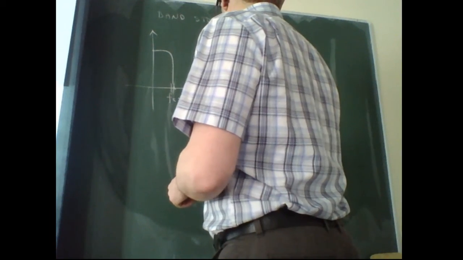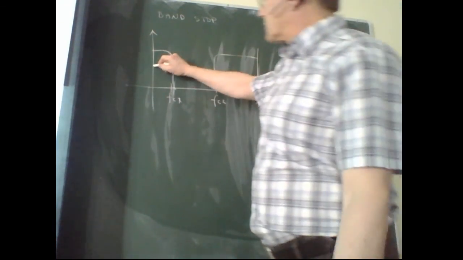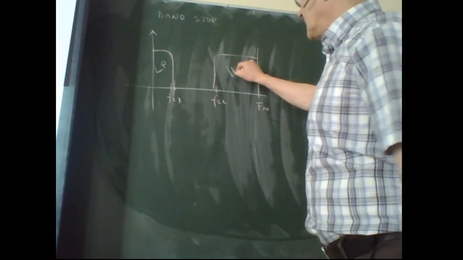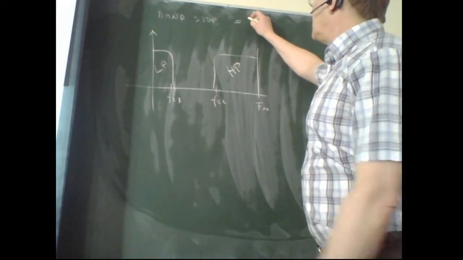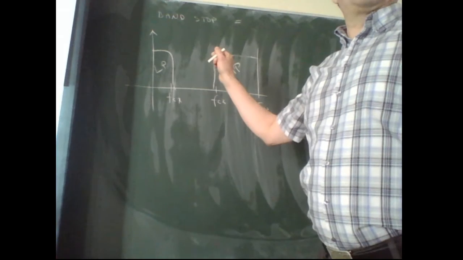So that's one and two cutoff frequencies, and that's the band stop filter. That looks like a low pass. That looks like a high pass. And they are just added together.